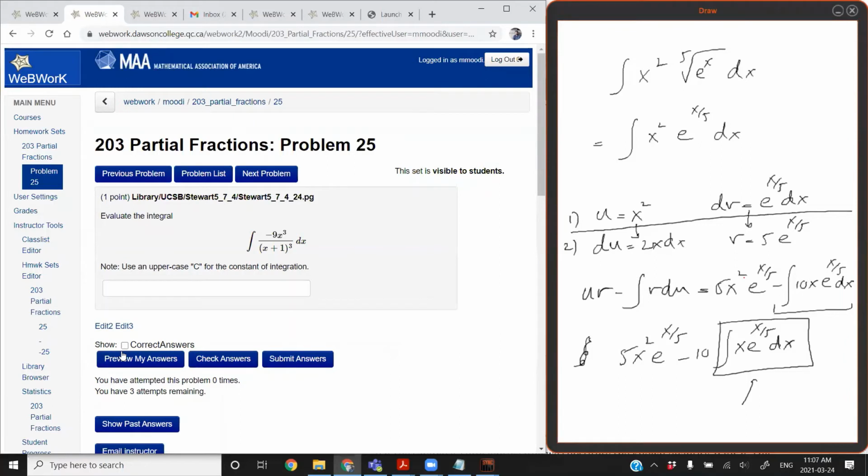At the bottom, you need three letters: A, B, and C. You need A over x plus 1 plus B over x plus 1 squared plus C over x plus 1 to the power of 3. So it's a long problem, yes. It begins with the long division, and then you need to use partial fractions. Oh, case 2. So it's long division and then case 2. Yes. Okay.